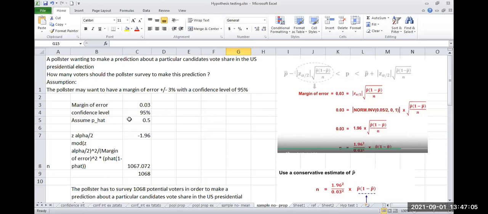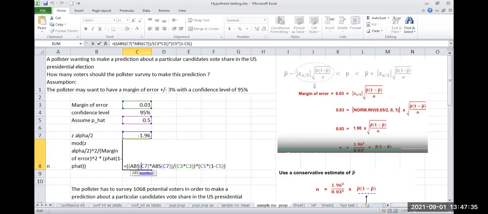If you see the calculation over here, z alpha by 2, again NORM.S.INV of 0.05 by 2, we get minus 1.96. Here the formula will change slightly because it will now be 0.03 equal to 1.96 into square root of p hat into 1 minus p hat by n. So here the formula changes a bit.